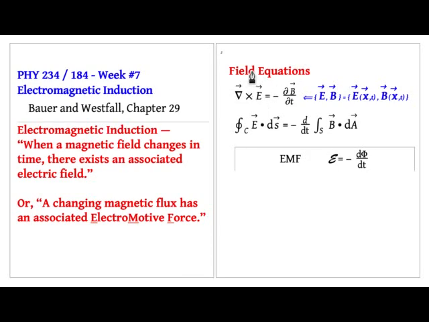One way to write the field equation for electromagnetic induction is that the curl of E is minus dB/dt. So when there's a changing magnetic field, changing in time, there'll be an electric field that curls around the change of the magnetic field.